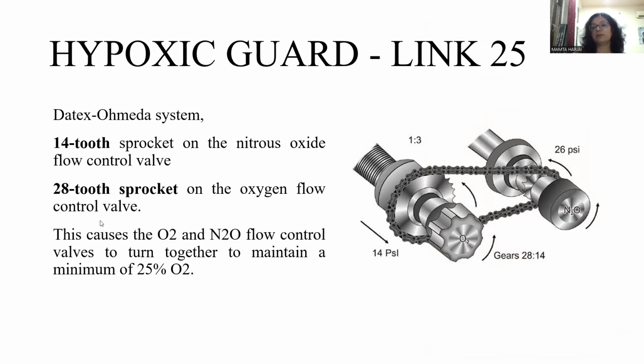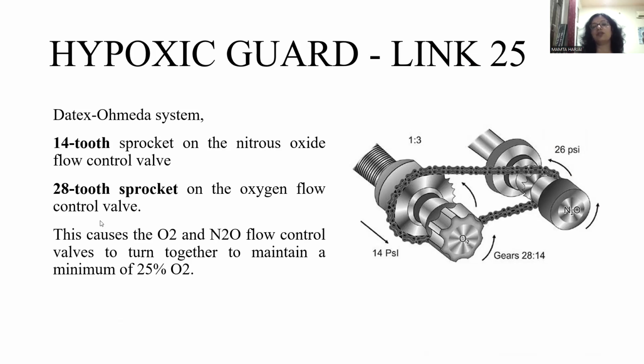Now, two principles work here to prevent hypoxia at the level of the flow control valve. One is the Link-25. It is a principle followed in Datex trolleys. You can see that there are 14 teeth on the nitrous oxide flow control valve and 28 on the oxygen flow control valve.